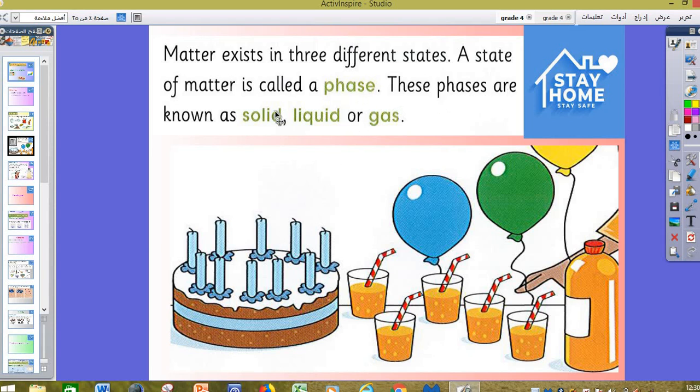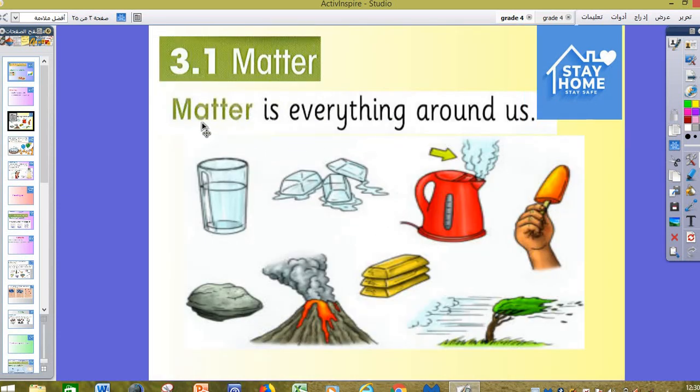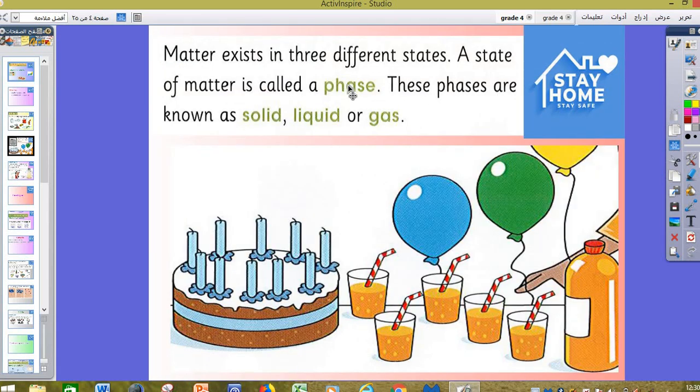These phases are known as solid, liquid, or gas. So if we go back a little bit, we have matter, which is everything around us. If we divide this matter, we give it another name: phase. These phases are known as solid, liquid, or gas.